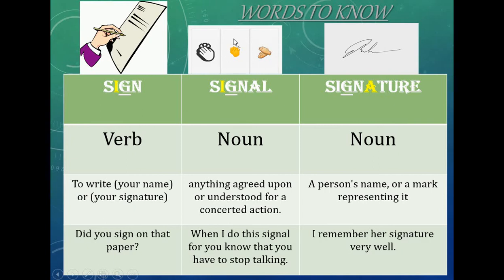Or when I do the signal, it means you start talking. Or it means you run super fast. So signal is anything that you agree on with your friend or whoever. When that other person does it for you, it means that you have to do the action.